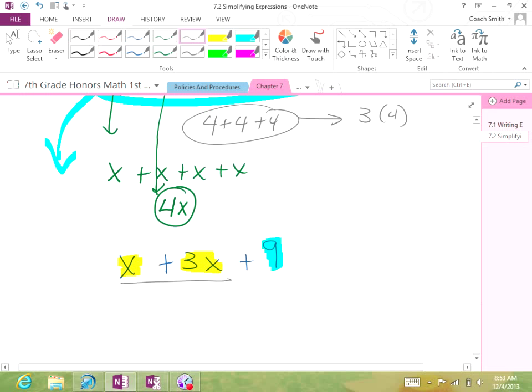We've already said that x plus 3x is what? 4x plus 9. And this is where people will make their mistake. They'll put this together and say that the answer is 13x.